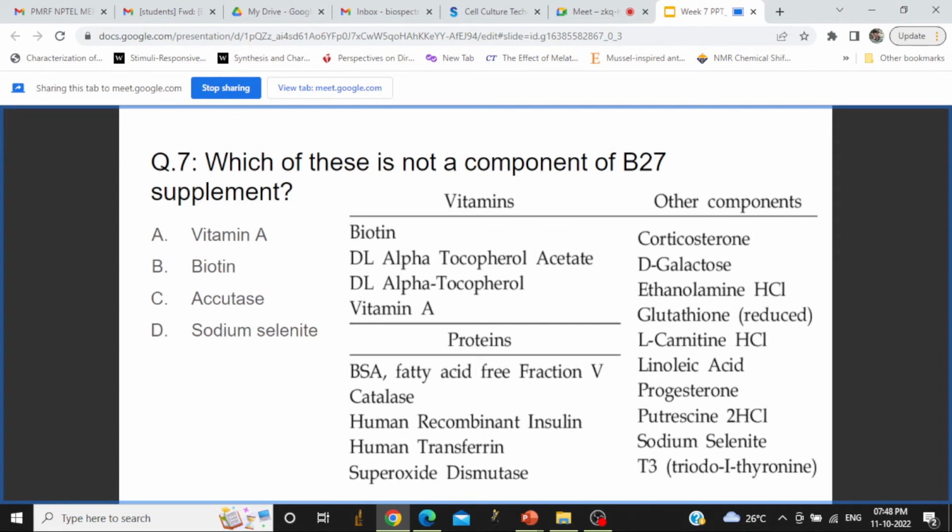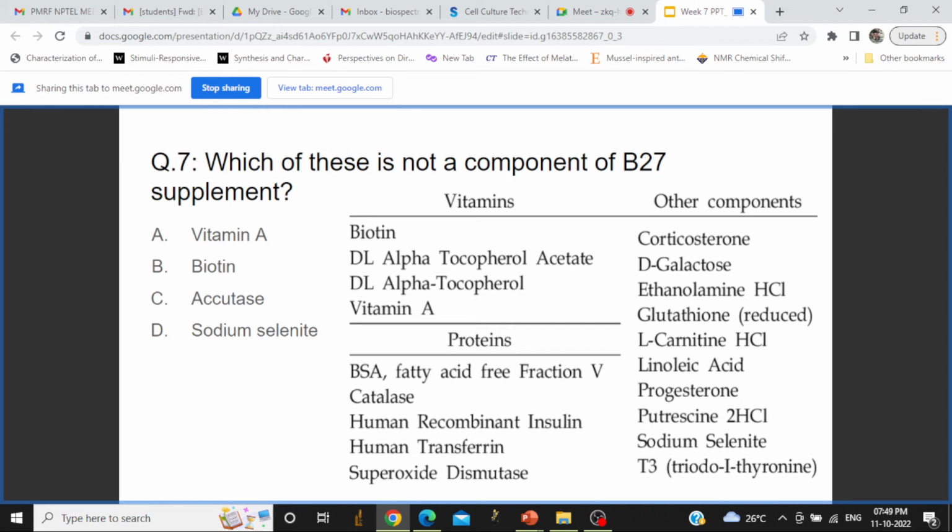Earlier, it was first used for the culture of hippocampal cells, as these neurons have specific requirements for their growth, and B27 supplement provides these components for the effective growth of hippocampal neurons and all other types of neurons.